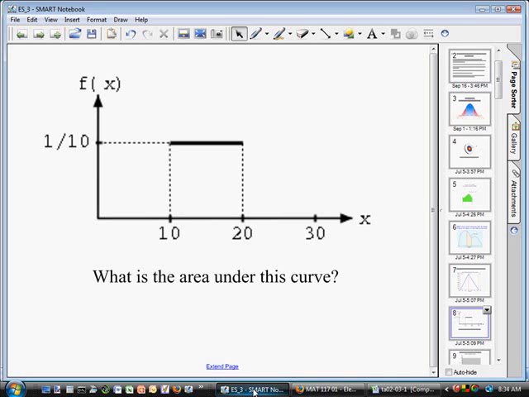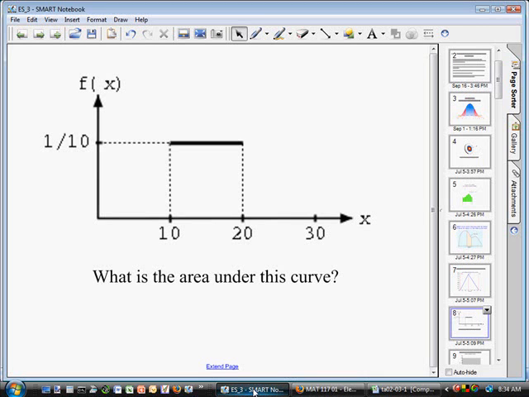The height is 1/10. And what's the length times the width? What is 10 times 1/10? 1. And that's exactly what we want to hear. Because the area under this curve is 1, this is a probability distribution, a density curve, excuse me.